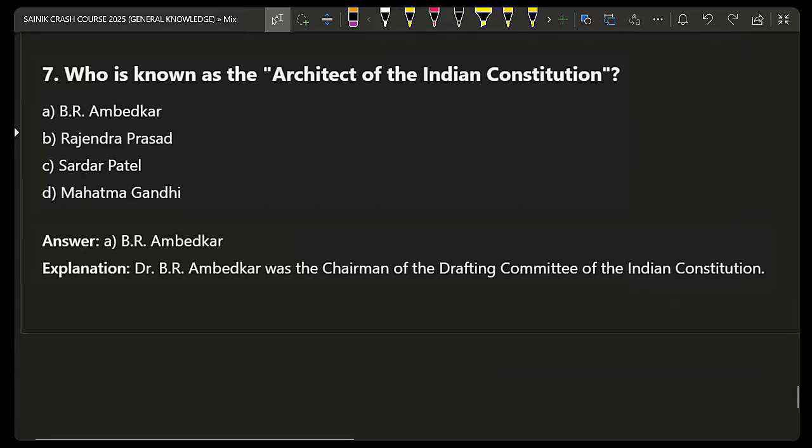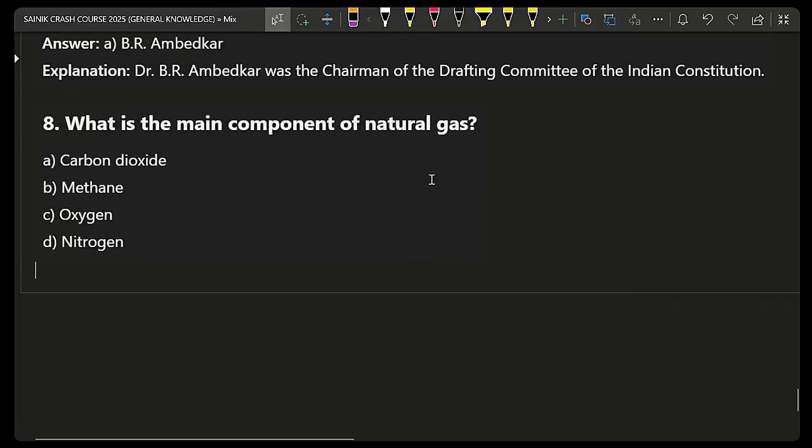So we got this question in one of the previous grand tests. Let's see how many of you remember. So that is, what is the main component of natural gas? Participate in the poll. Option A, carbon dioxide. Option B, methane.